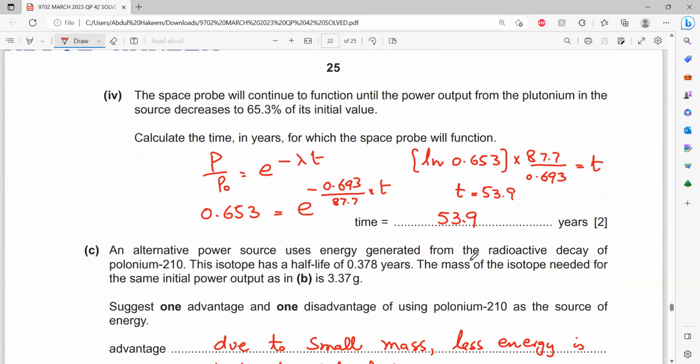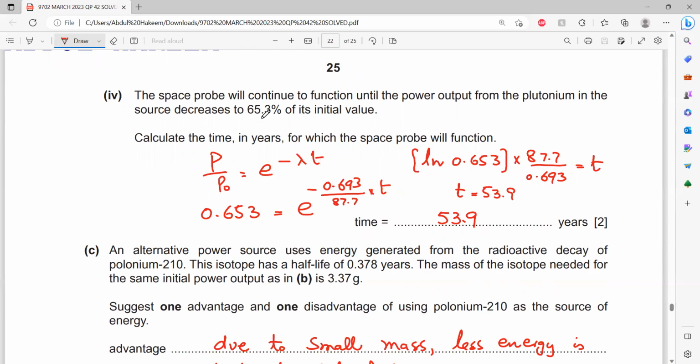Next, the space probe will continue to function until the power output from the plutonium in the source decreases to 65.3% of its initial value. Look, this process is spontaneous, random, exponential. So we will apply the exponential relation here. So P over P naught is equal to e to the power minus lambda t.